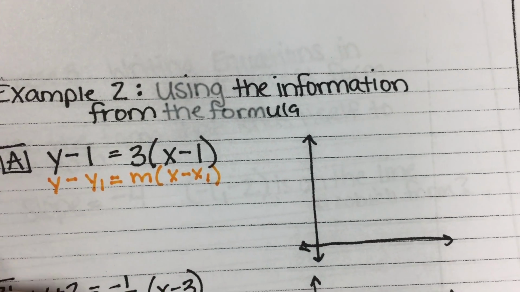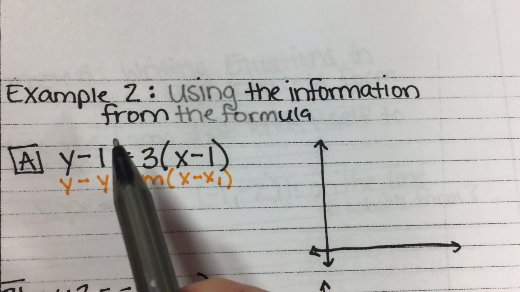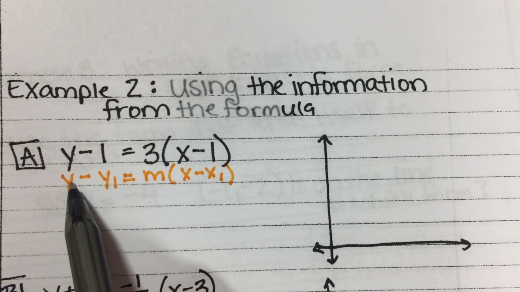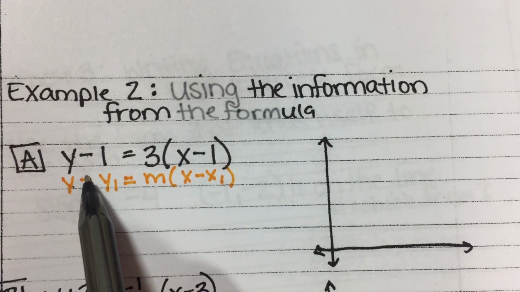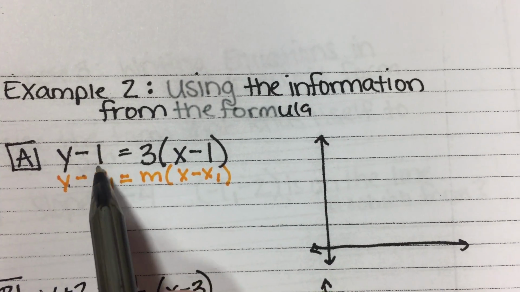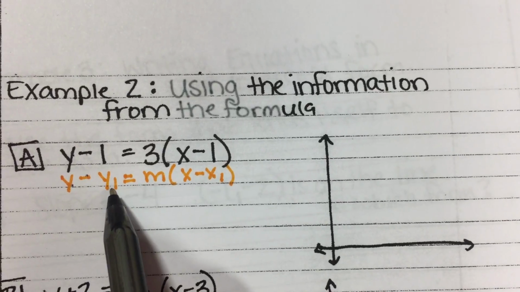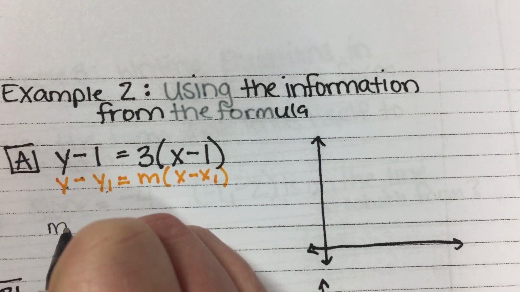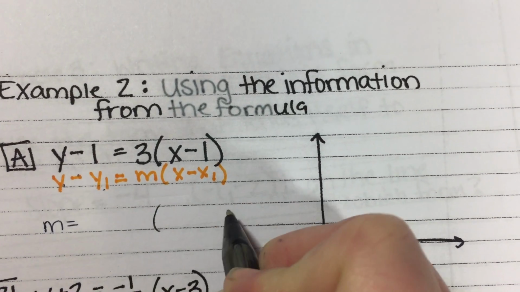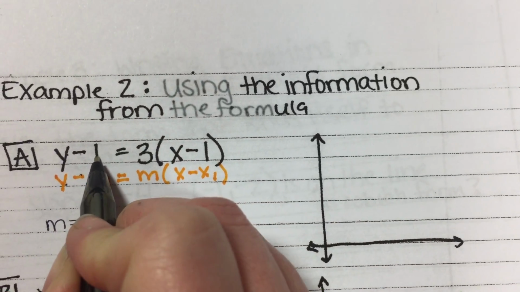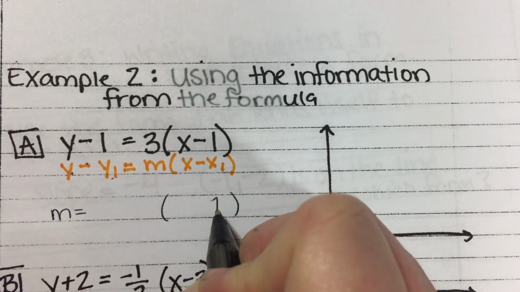We're taking a look and seeing everything that matches up. y and y match, my minus and minus match, which means my 1 is my y1. So if I write my m equals, and I have my coordinate already written, my y value is the number 1.